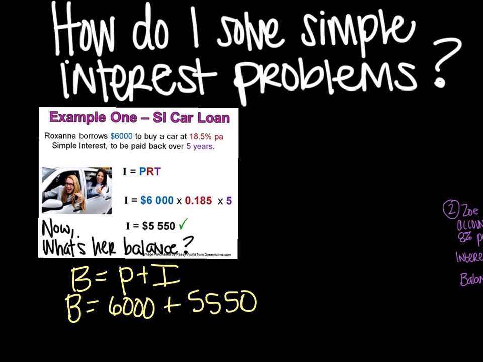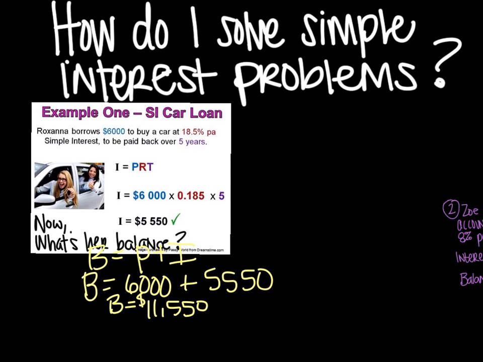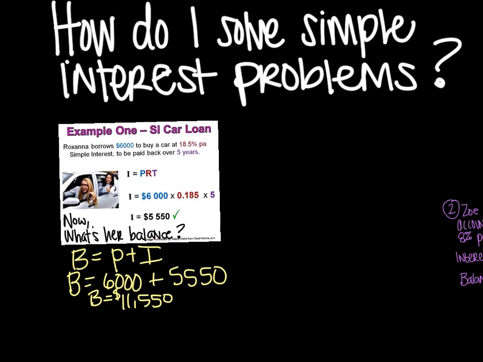You can type that in your calculator. Sometimes you don't really need to because it's mental math, but in this case, the balance is $11,550. So that's how much she's going to owe on her car at the end of 5 years. So I'll have paid $11,550.